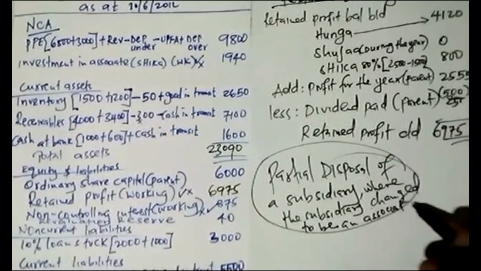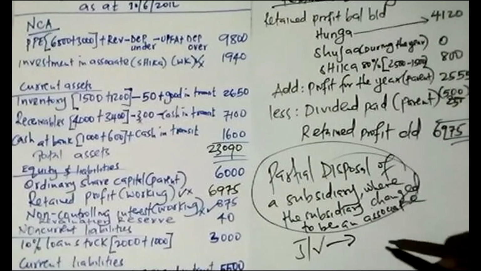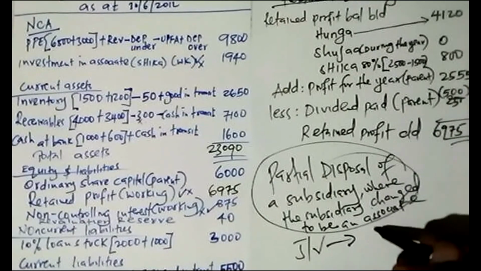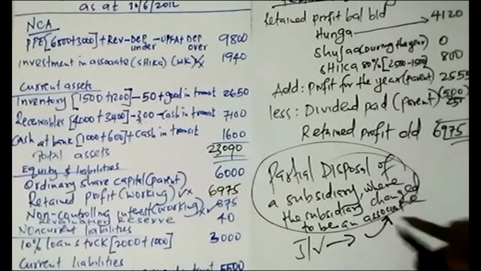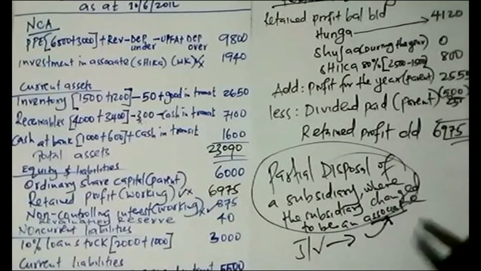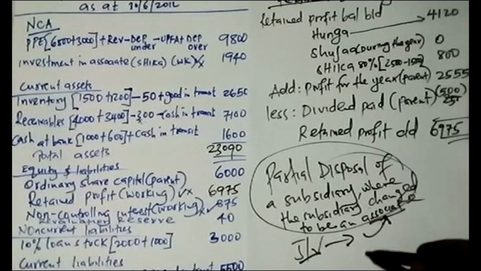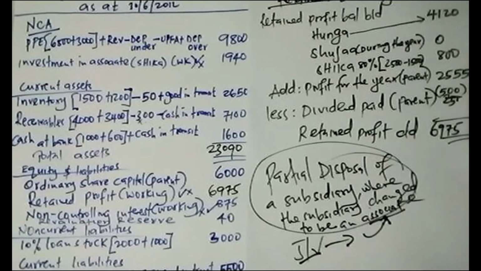At the same time, if it had changed to be a joint venture, you know that you account for the transactions of the joint venture the same way you account for the associate. So the way you deal with an associate is the way you deal with a joint venture. And already you have known how to deal with subsidiaries. This is the question which is mainly tested in advanced financial reporting, that is section 6.